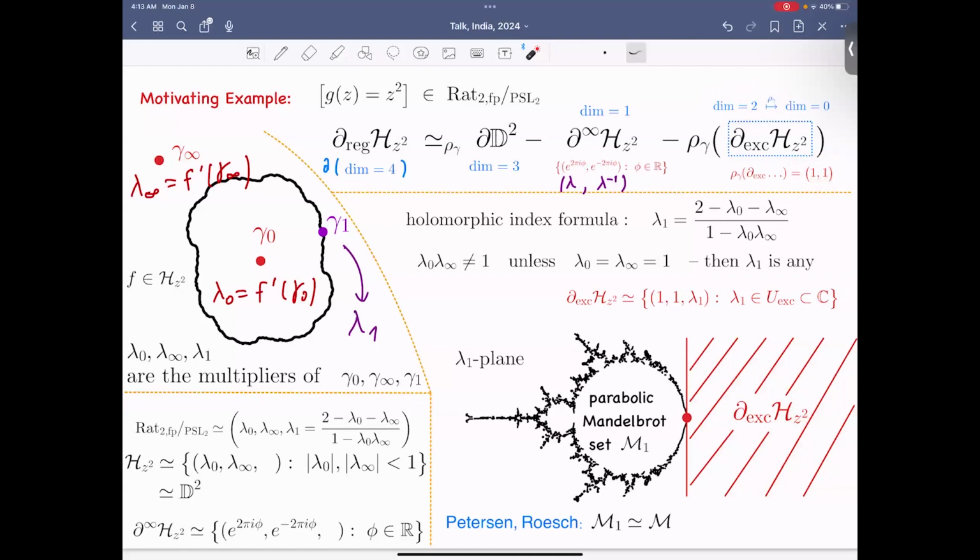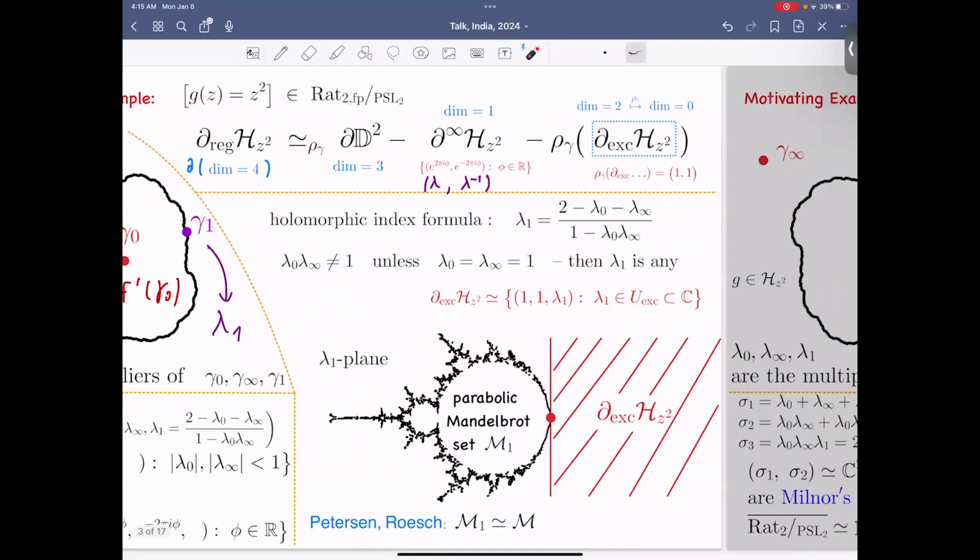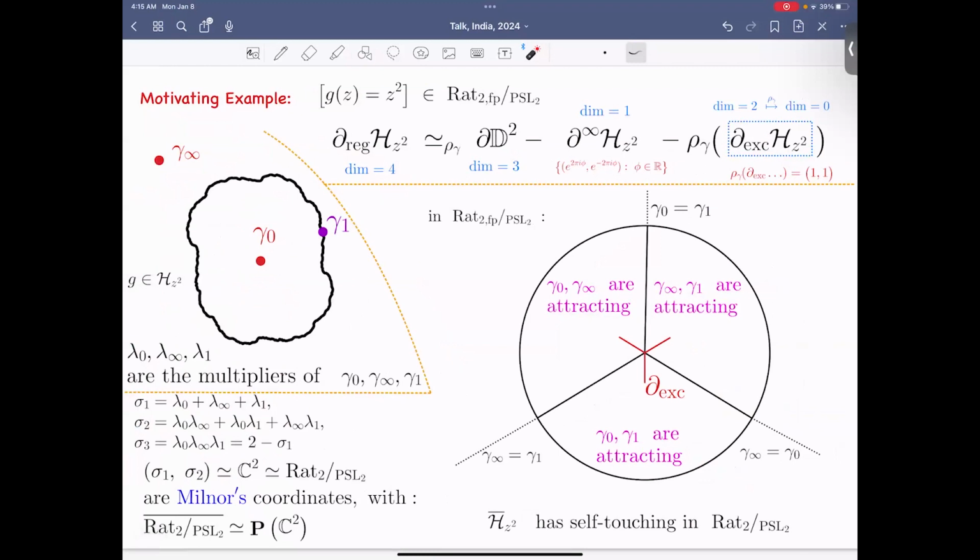So another way to view the exceptional boundary is that we take the formal boundary through the multipliers and do a blow up. Okay, so let me make a small comment about markings of fixed points. So as I said, it's convenient for us to mark to prevent finite order symmetries.